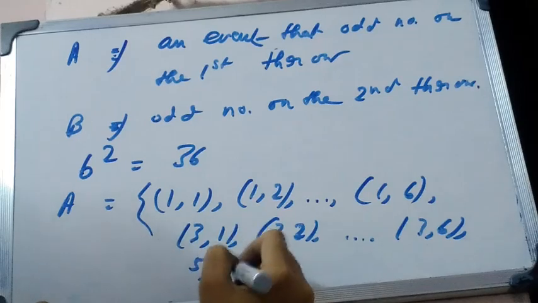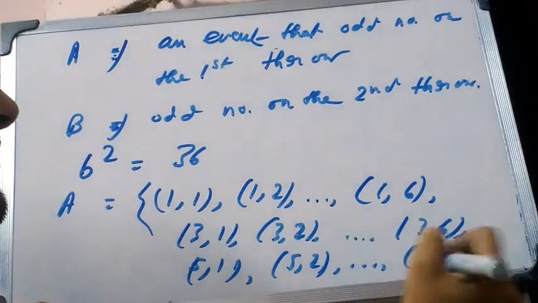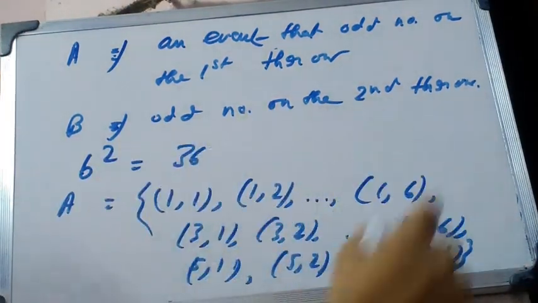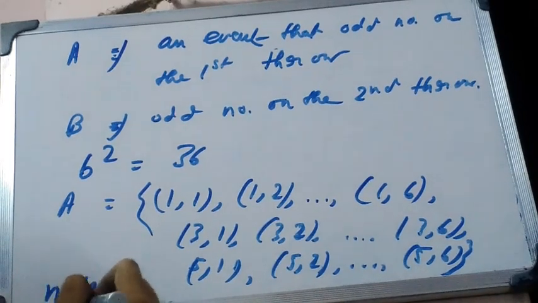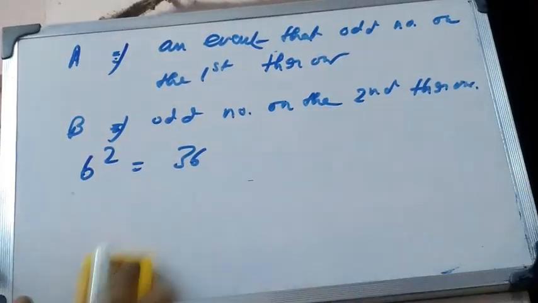Again, it will be 5,1; 5,2, and like this 5,6. So we are with total 18 results. That means n of A is 18, the cardinal number of the set A is 18. So the probability of A will be 18 by 36. Clearly, probability of A is 18 by 36.